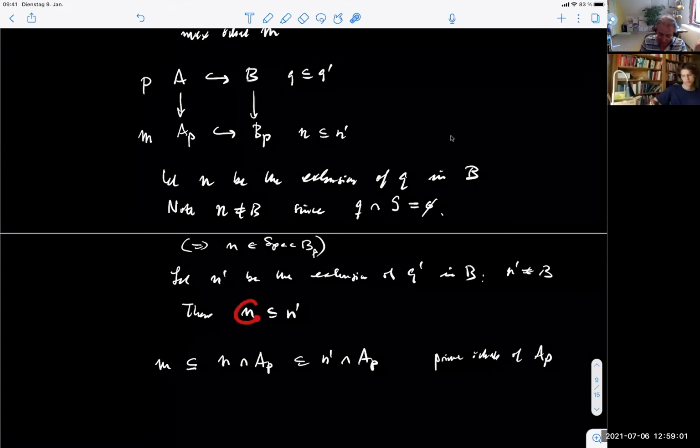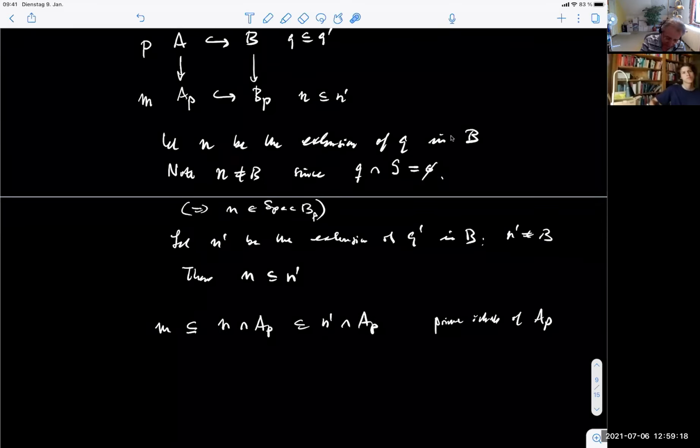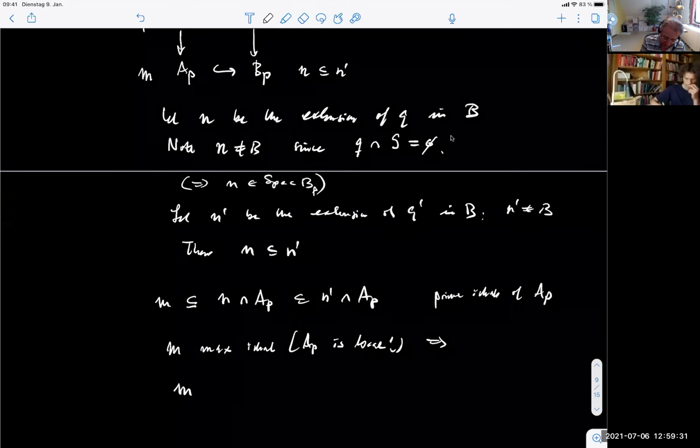I have N, a prime ideal. I contract, I have a prime ideal. Actually, I don't need that it's a prime ideal. I only need to know that these things are not everything. They are not A_P. Because now I can use that M is a maximal ideal. Okay, A_P is local. So this tells me that I have equality.